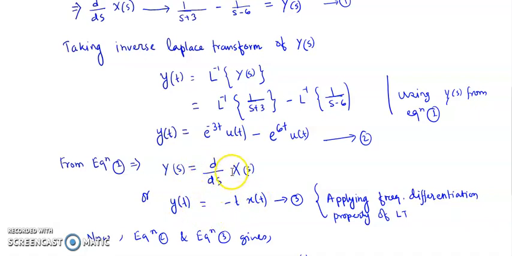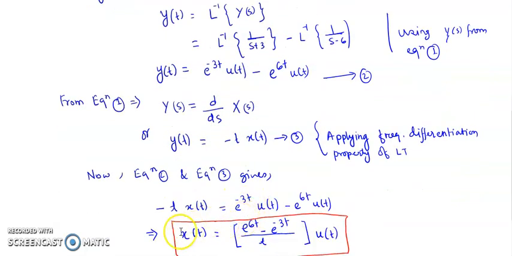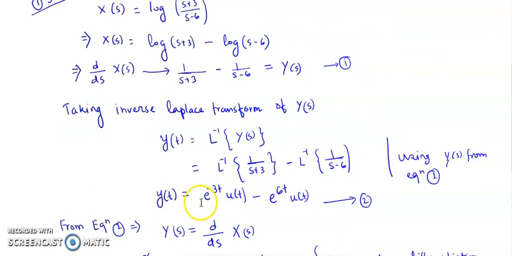In the time domain this becomes like this, using the frequency differentiation property of Laplace transform. So we have the relation between y(t) and x(t). Since we have already obtained y(t), we can put it here and get the x(t) value. This is the inverse Laplace transform of the given function.